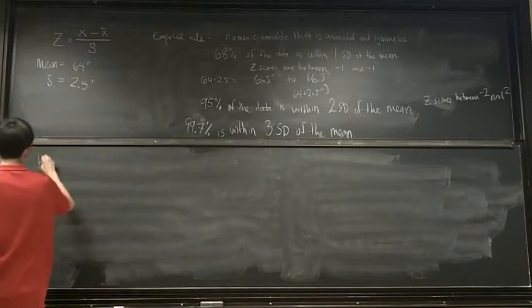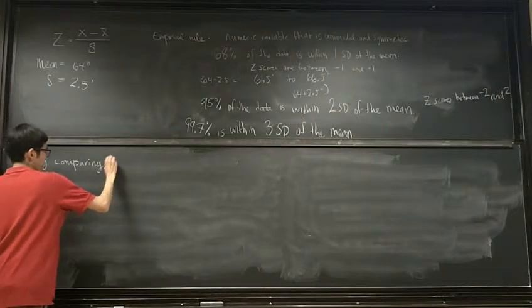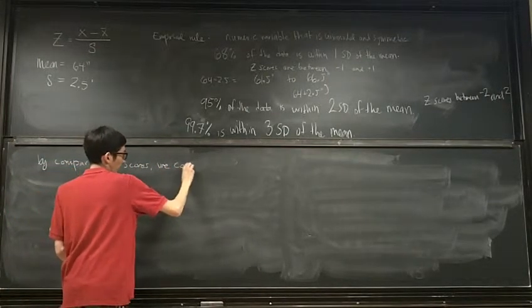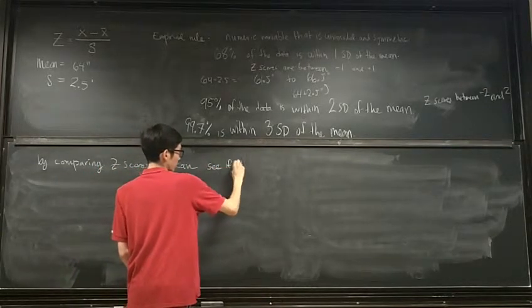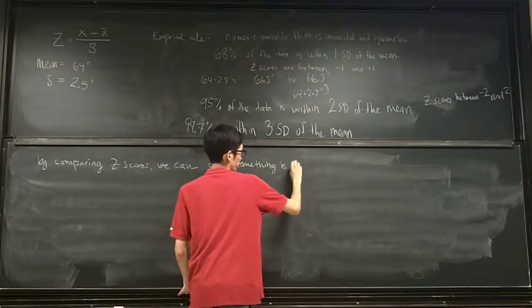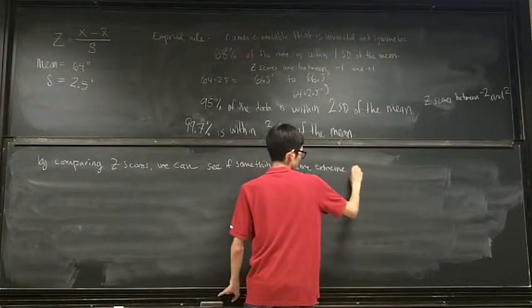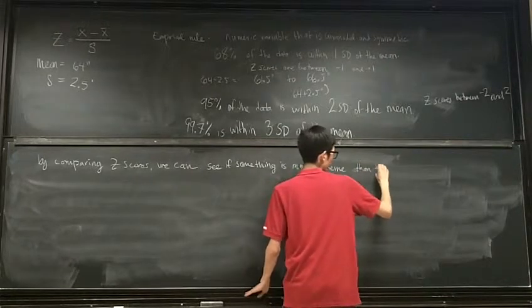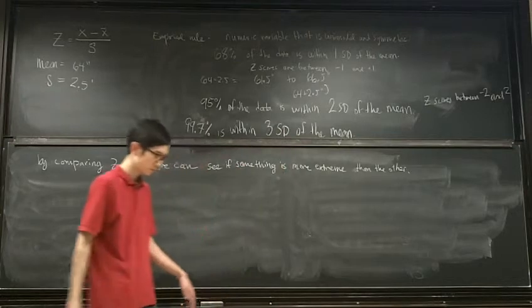Z-scores. We can see if something is more extreme than the other. All right.